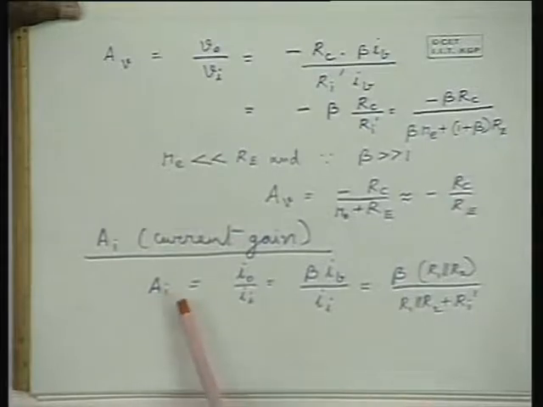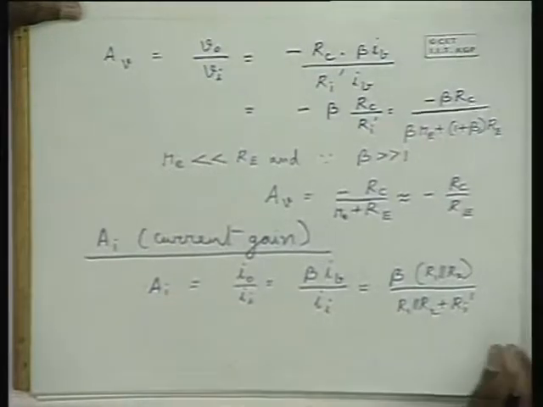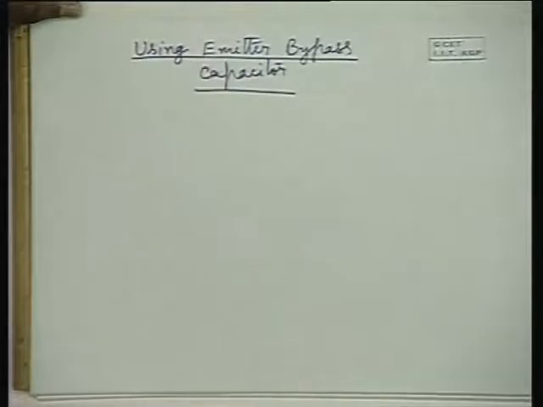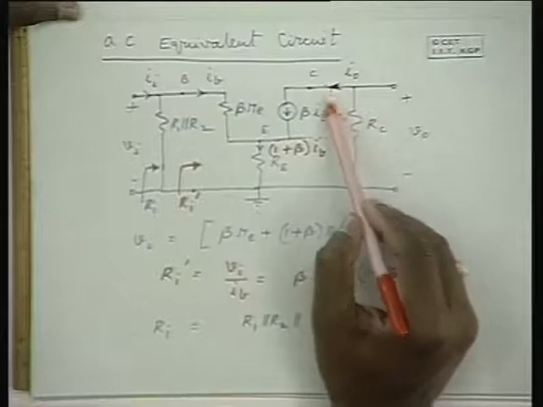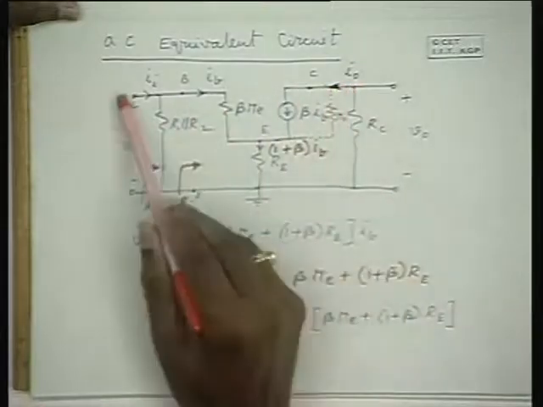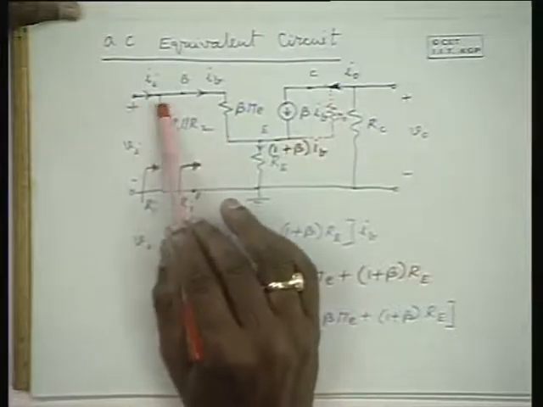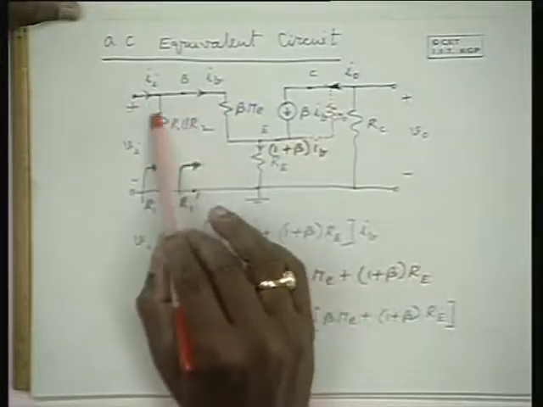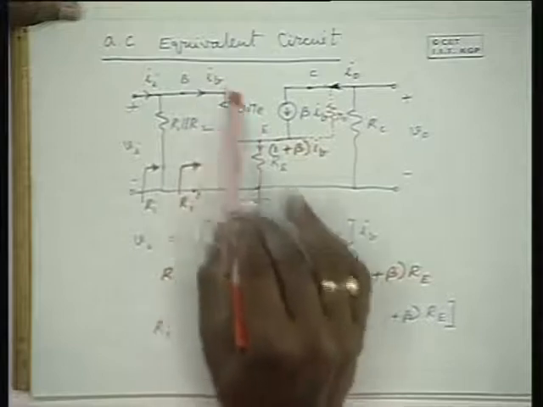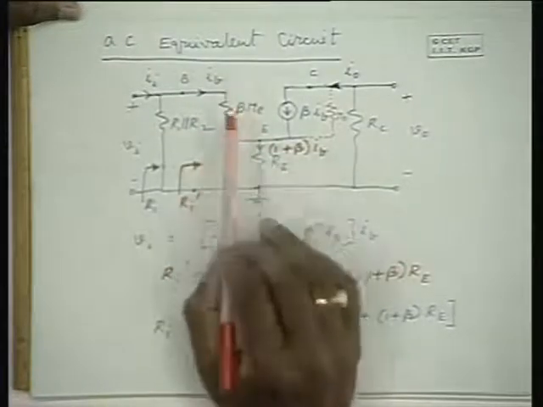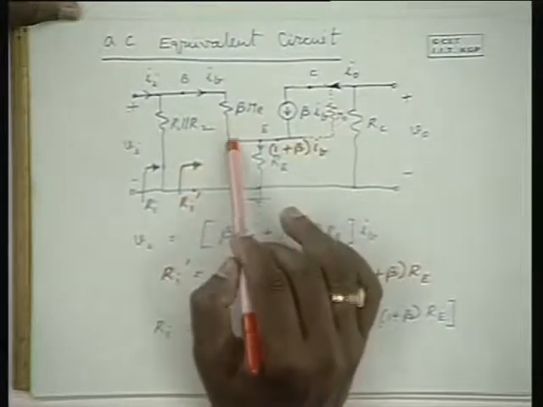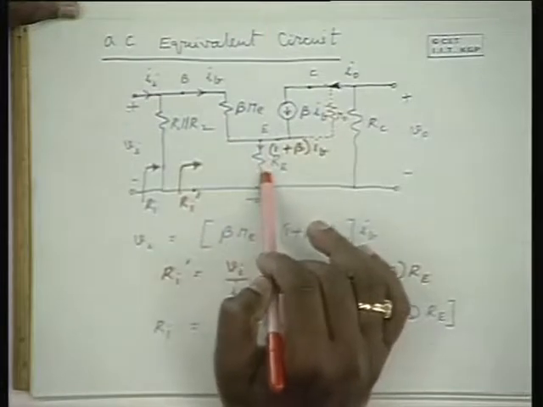And the current gain is the output current divided by input current, and now the current division ratio is between R1 in parallel with R2 and this input impedance, and that is now beta re itself, which is much smaller than this.